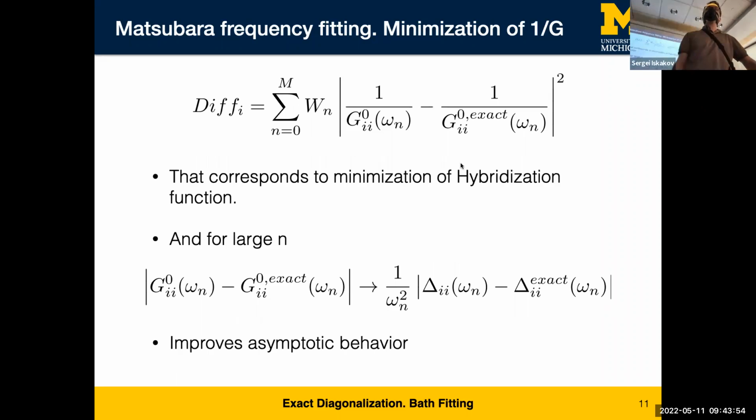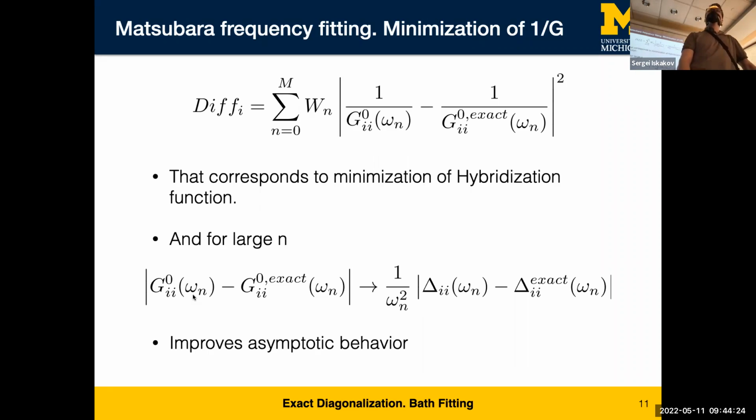And if you have direct access to the hybridization function, you just can do the fit in the hybridization function. And you can show that for the large number of Matsubara frequencies, the difference between this 1 over I omega square times the difference between deltas actually approaches the difference between direct Green's functions, not the inverse Green's functions.